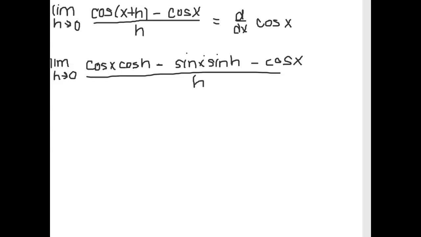We're going to rearrange our terms to get the cosine, and I think it might even be wrong on your other handout. It's always the opposite for cosines. We're going to rearrange our terms to get the cosine x's together.